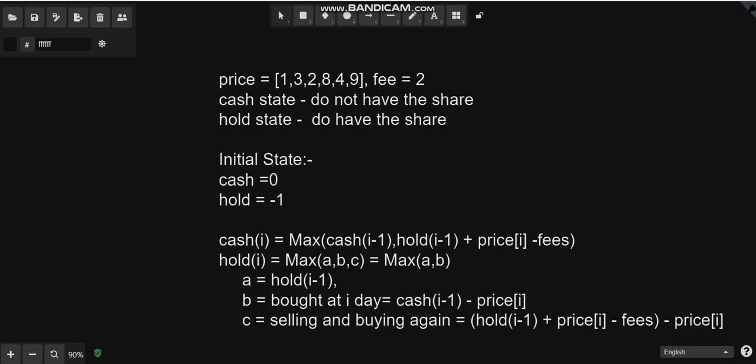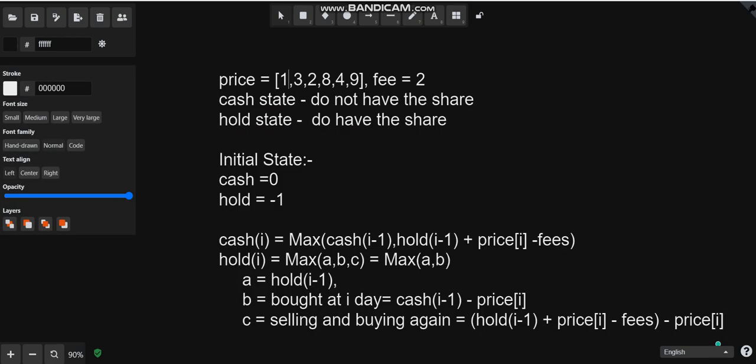So this is the initial configuration which we have. This is the price array. One way to think about this is that at any particular day, we can have at most two states.